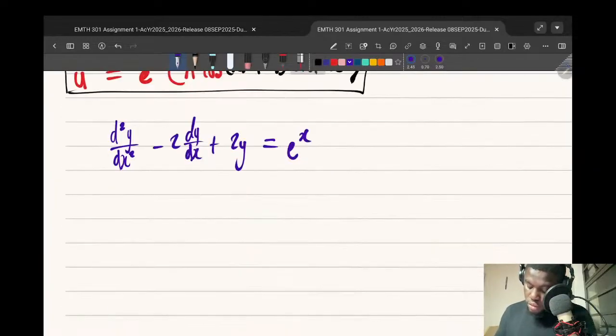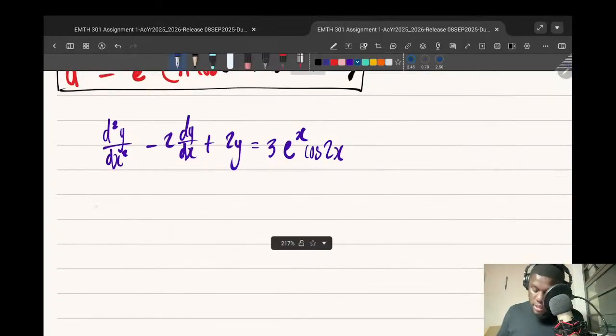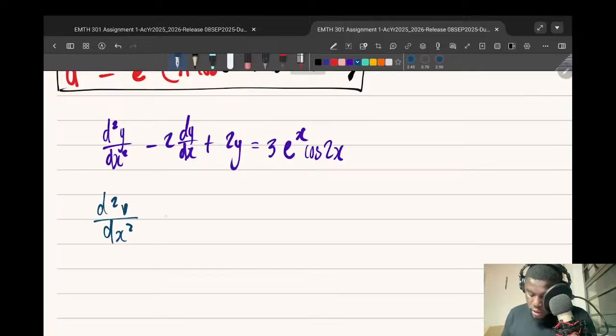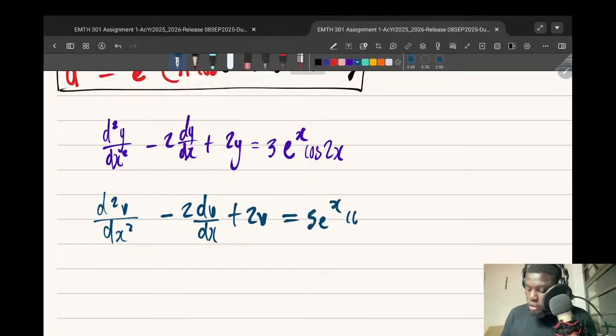So now let's quickly do it. d2v/dx² minus 2 dv/dx plus 2v is equal to 3e to the x cos 2x. You say, what? Yes. Remove y and put v, please. Do that.